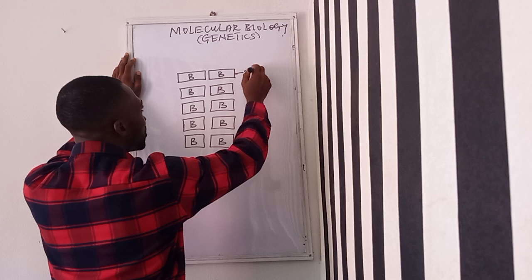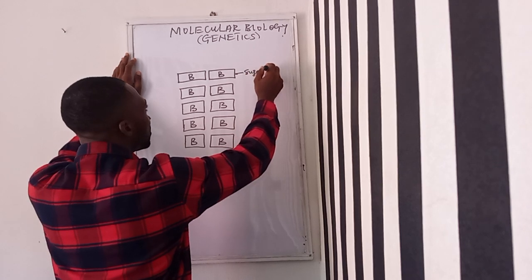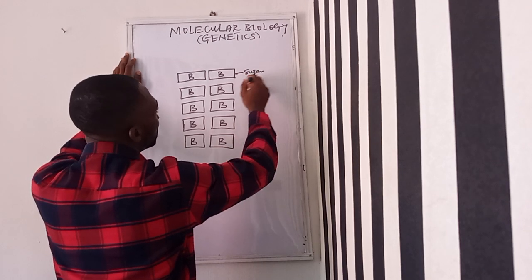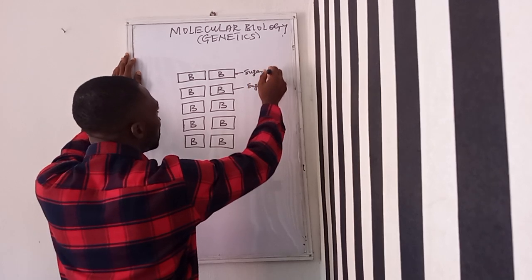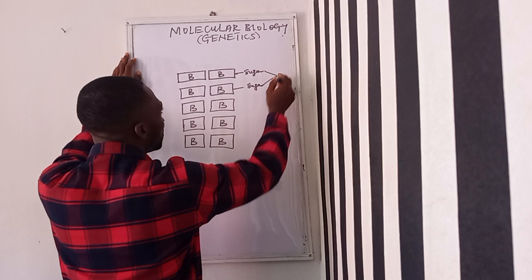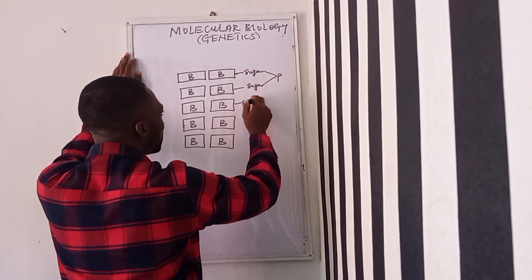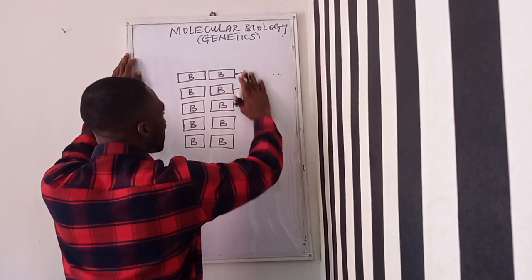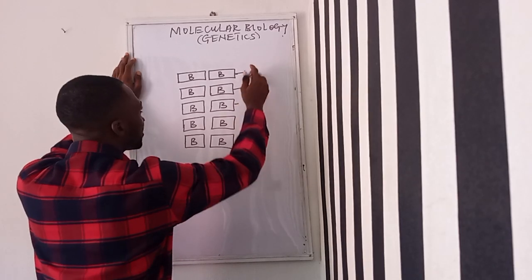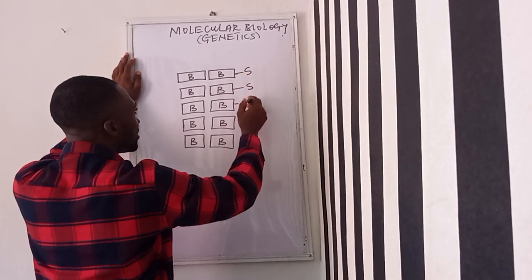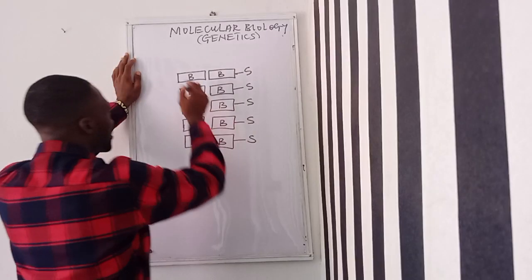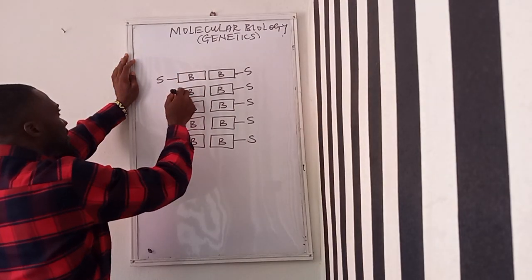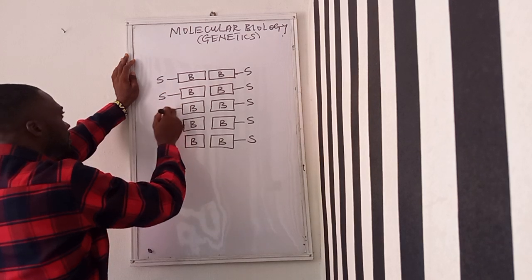So we have this as the sugar. Let's use alphabet. I think alphabet will be better. This is S, S, S, S, S, S, S.